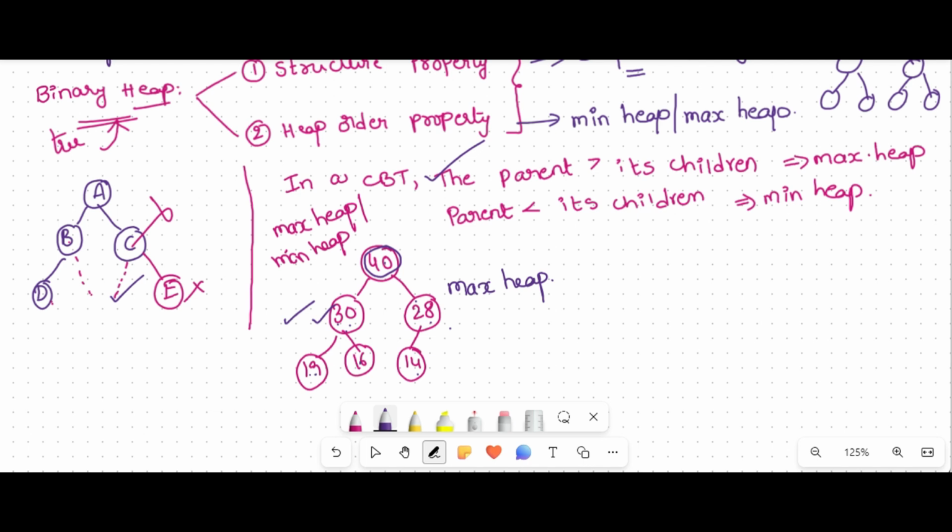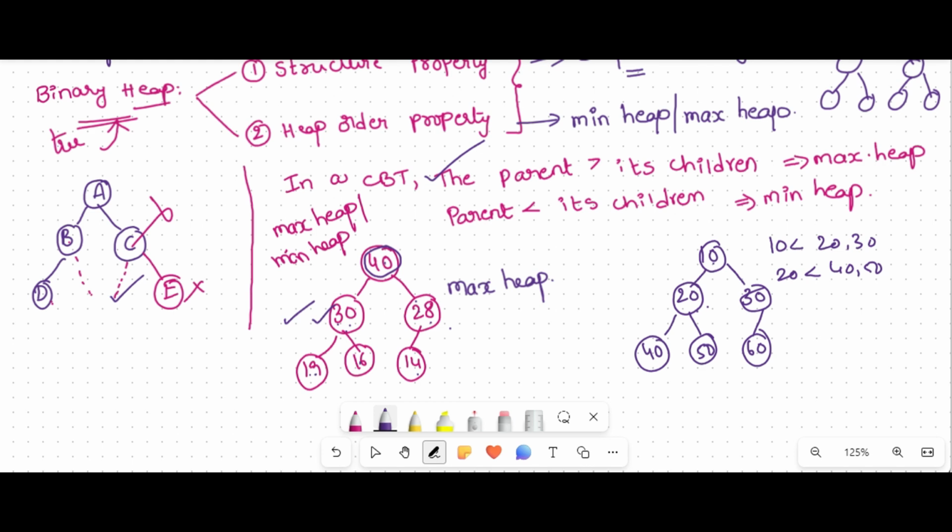Now similarly, what is a min heap? Min heap means, for example, 10, 20, 30, 40, 50, 60, and 70 is not there. Now, what type of heap is this? The parent is 10, and 10 is less than both 20 and 30. Here 20 is less than both 40 and 50.